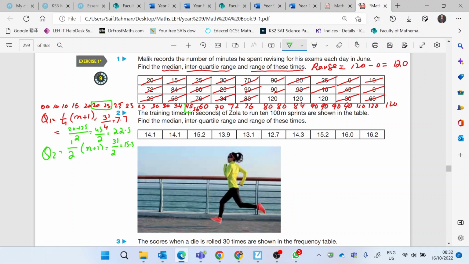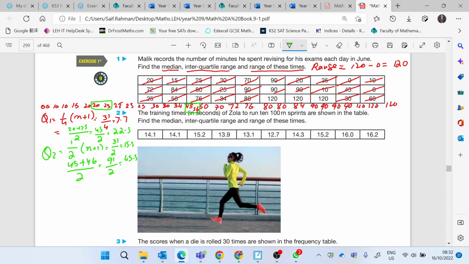These are 45 and 56, so it's the mean of 45 and 56: 45 plus 56 over 2, which gives 101 over 2, so 50.5.